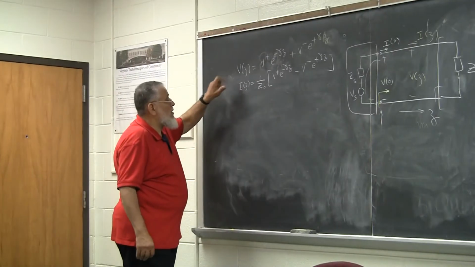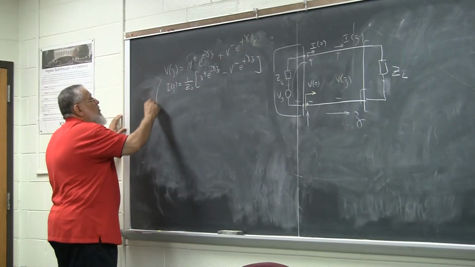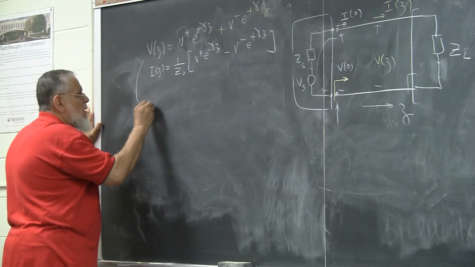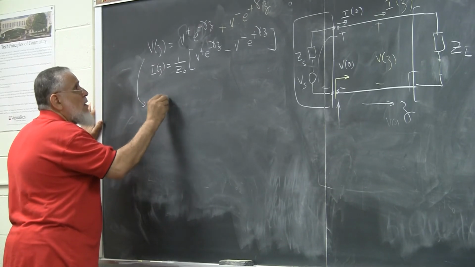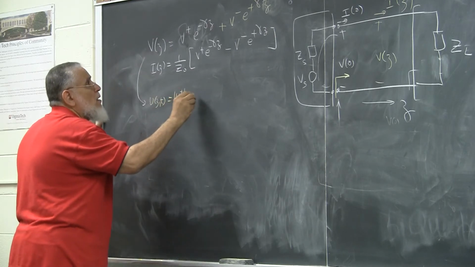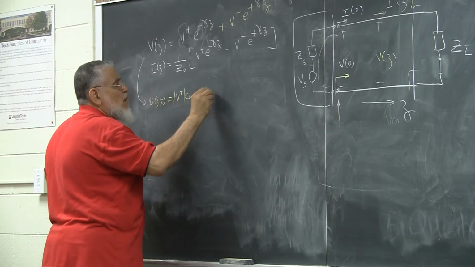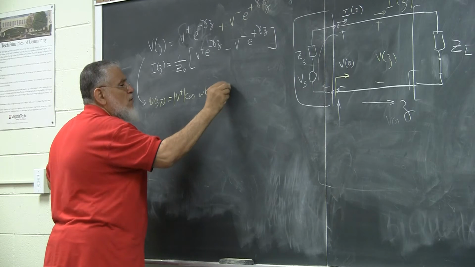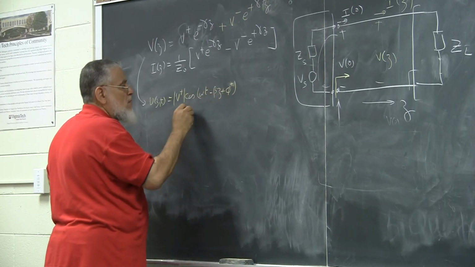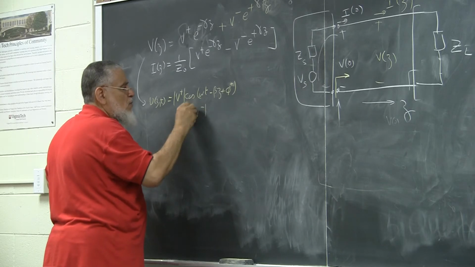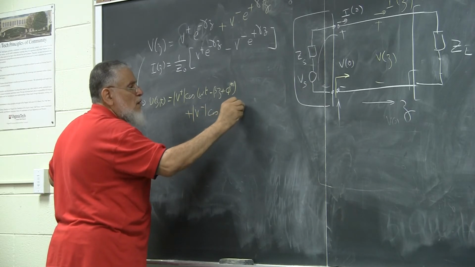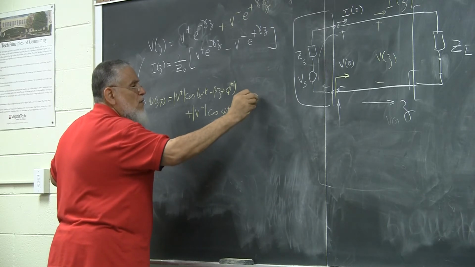Now, if I want to look at the time domain, because the time domain is going to show us some physics, V of z and t is going to be V plus magnitude cosine(omega t minus beta z plus phi plus) plus V minus magnitude cosine(omega t plus beta z plus phi minus).